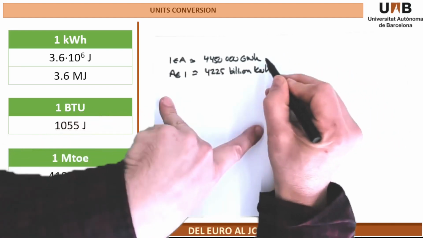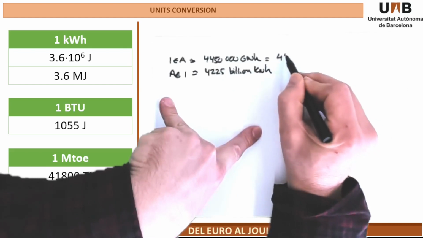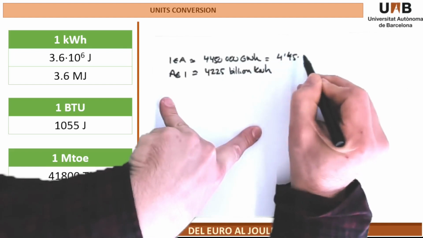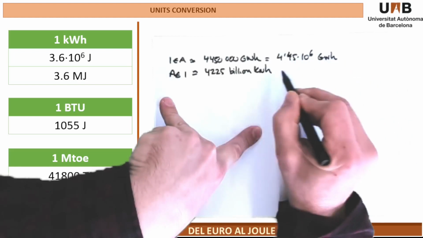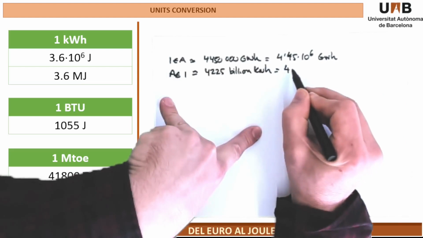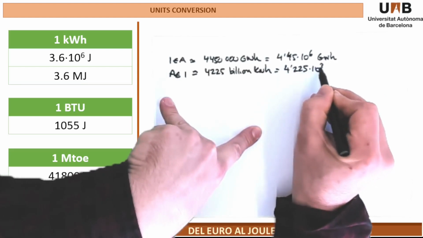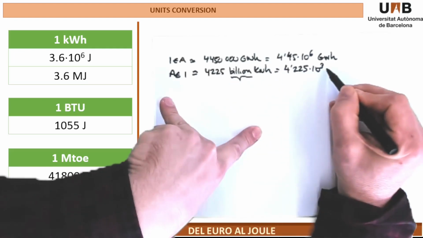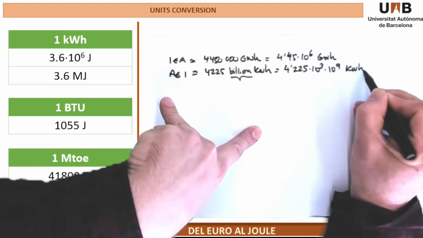Well, we can express this as 445 10 to the 6 gigawatt hour, and here 4225 10 to the 3 billion, that is 10 to the 9 kilowatt hour.